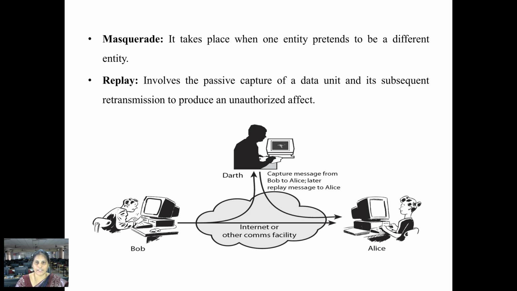He will perform modifications to the data, and then act as the sender, that is Bob, and forward the data to the receiver side. What Alice thinks is that the data has been received from the original user, that is Bob, but the message is forwarded from the third unauthorized party, Darth. This type of attack is known as masquerade, meaning pretending to be an actual user, and this is one category of the active attack.